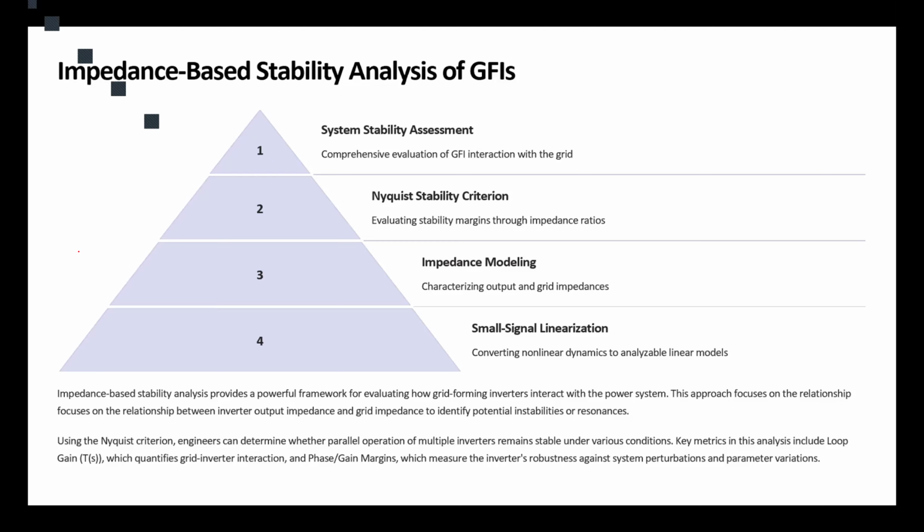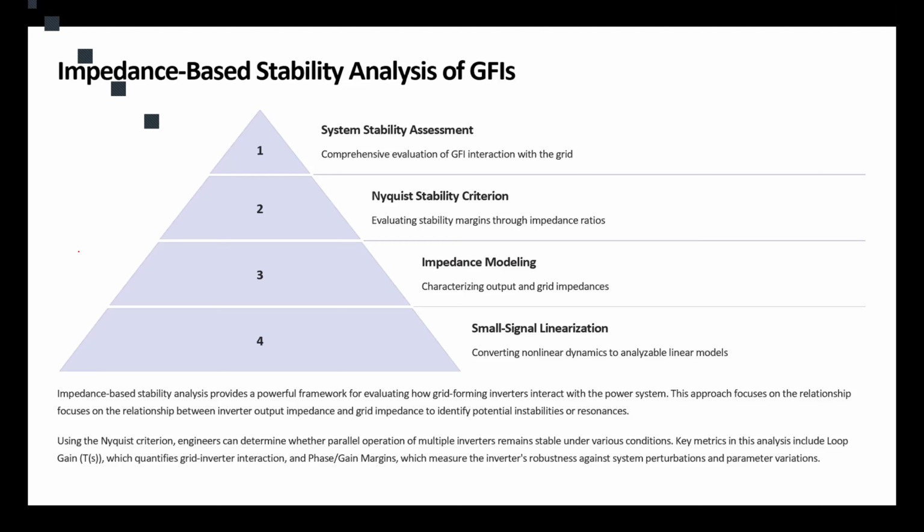One of the big differences between designing grid following and grid forming is that in grid following, you didn't have to worry about stability. Actually, it wasn't stable: if the grid was unstable, the grid following was in trouble. But in grid forming, we are independent. So stability-wise, we have to check what the unstable situations are, and we have to avoid them.